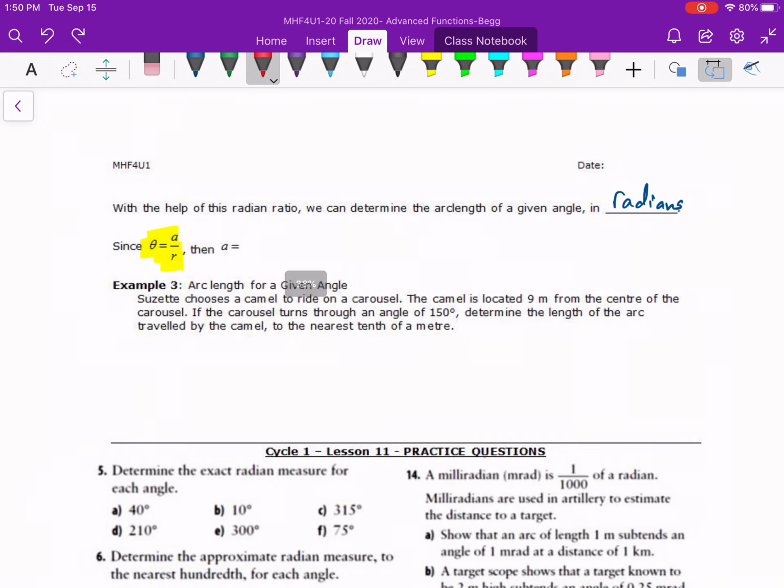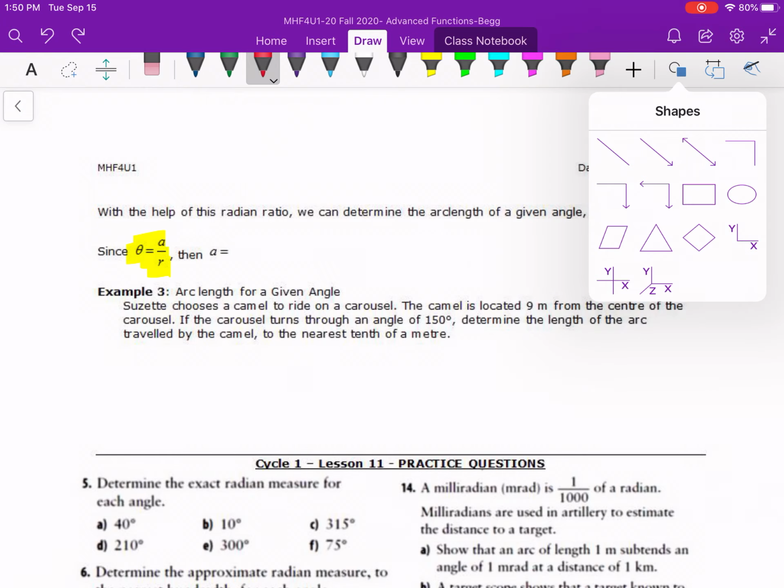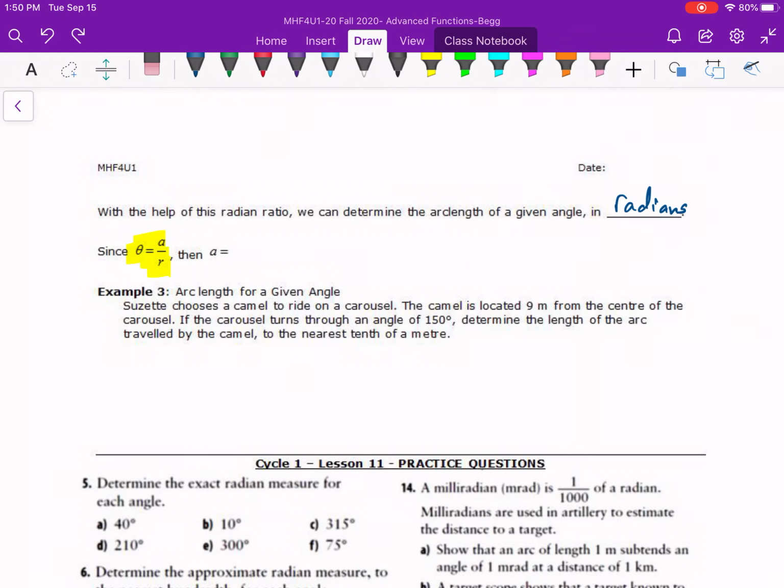So the angle, again, if we have a circle, not quite perfectly round, but close enough. If we have a circle and we got some angle in there, theta, let's say, for argument's sake, that our angle is over here.